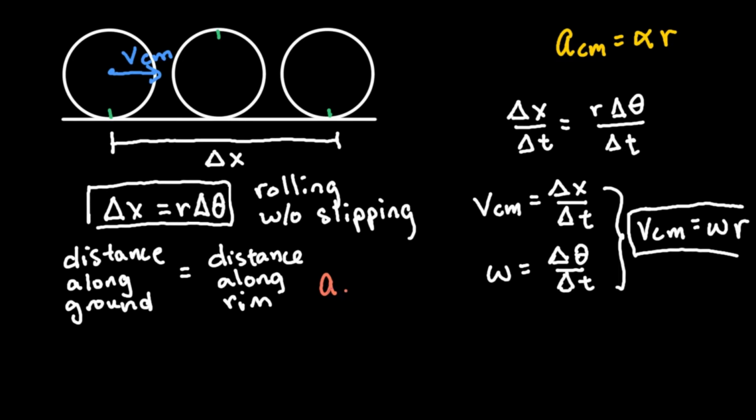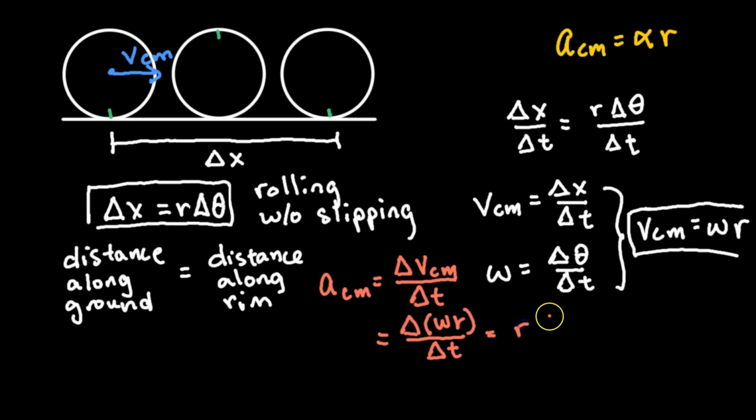Now let's get back to our original question, which is how do we know that the acceleration of the center of mass is equal to alpha times r? Well, by definition, acceleration is delta v divided by delta t. So the acceleration of the center of mass is equal to delta v center of mass divided by delta t. And the center of mass velocity, which we just derived, is omega times r.